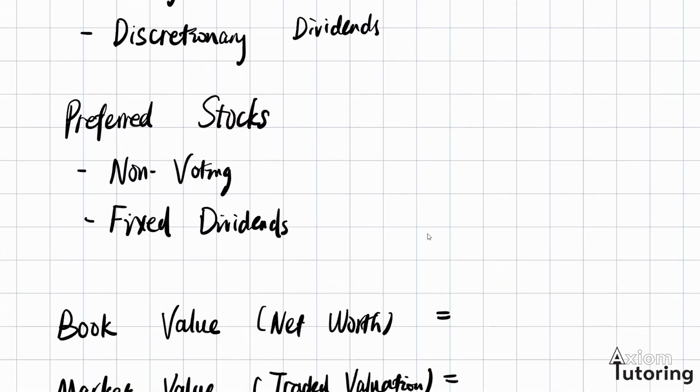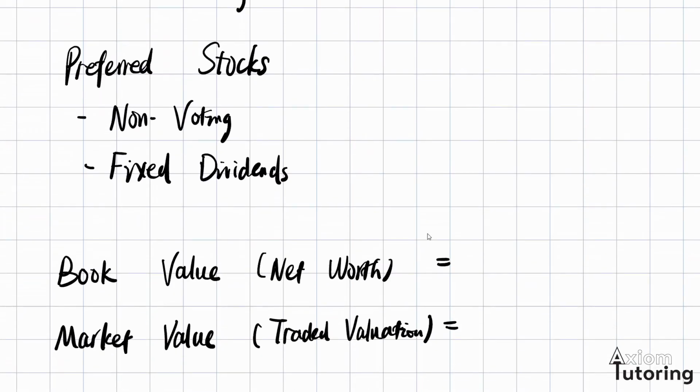Right? So the important thing is that we need to put a price on, or value, the worth of the stocks. But before we go into the pricing or the valuation of the stocks, we need to distinguish between the book value of the stock and the market value of the stock. The book value of the stock is basically the net worth of the company, more of an accounting side of things. It's calculated as the assets minus all the liabilities.